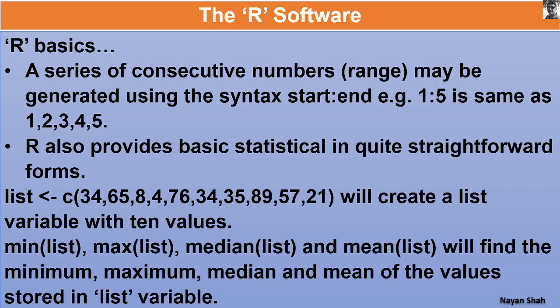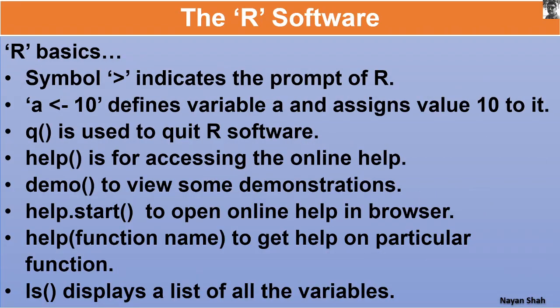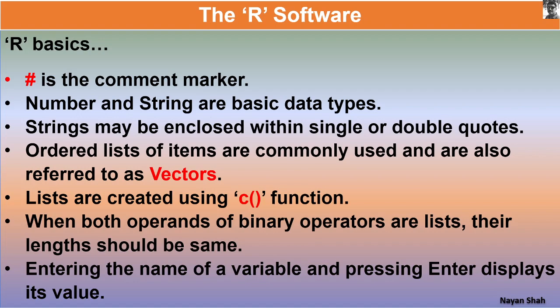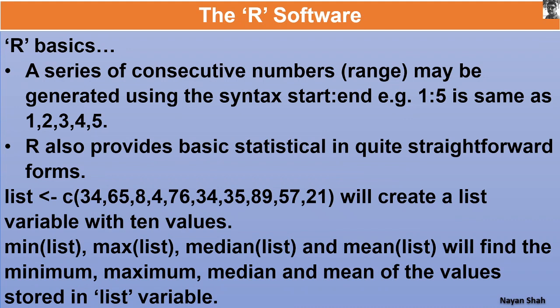If I create a variable named list and assign the values 34, 65, 8, 4, 76, 34, 35, 89, 57 and 21, the c function is used to create a list of values, as discussed in the earlier point. So we have created this list, and we can find the minimum, maximum, median and mean of the list. That is possible when we store many values under one variable name using the c function.